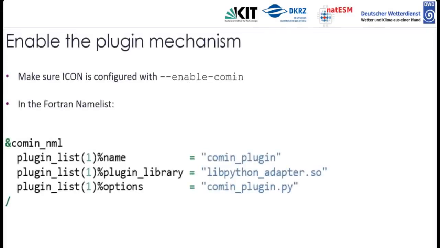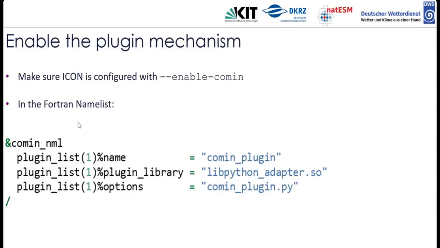Now that we have learned how we would write our plugin, the next question is how do we enable it? How do we run it with ICON? This process is fairly straightforward. The first thing is that you need to have the right ICON binary. It means that it has to be configured with the flag enable ComIn.